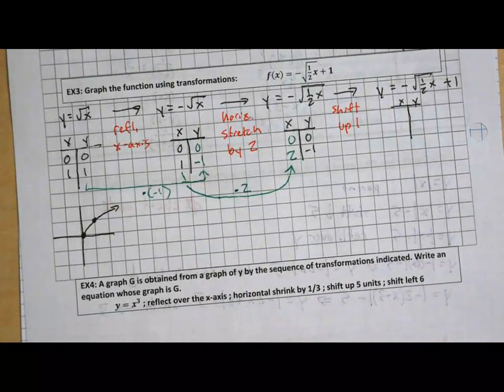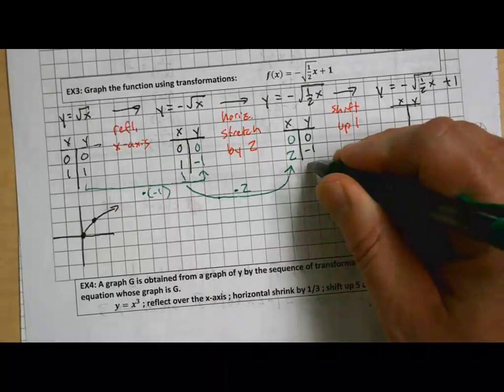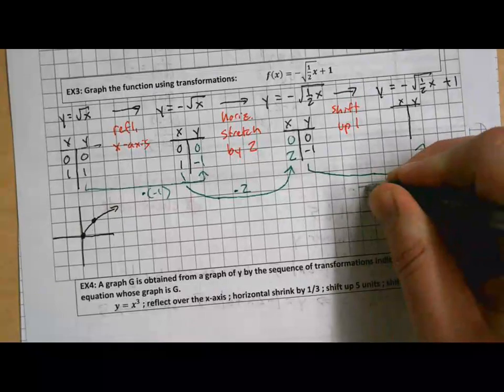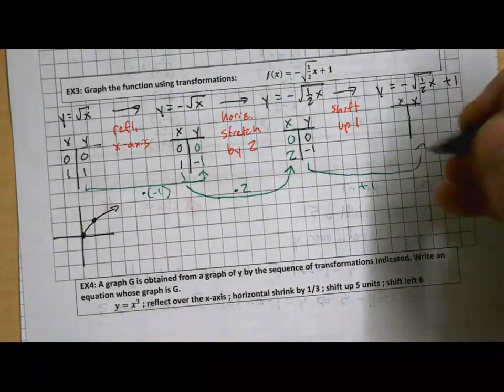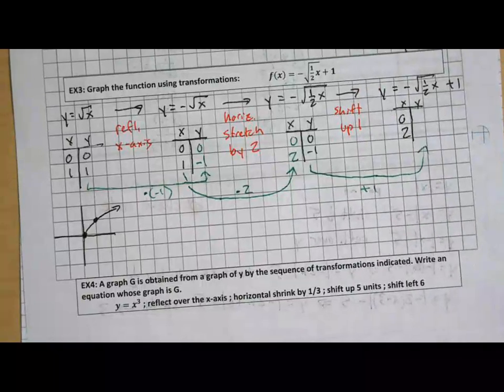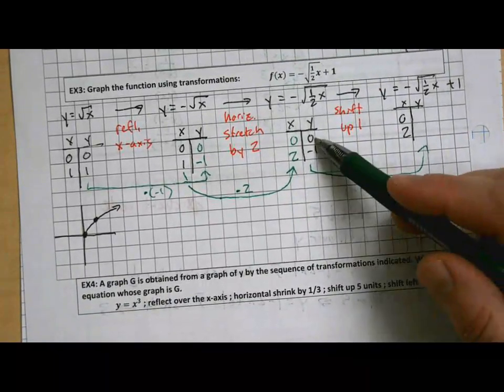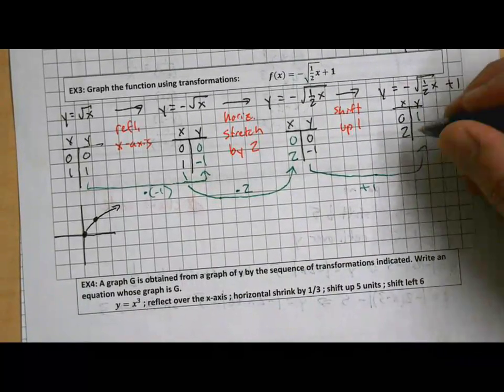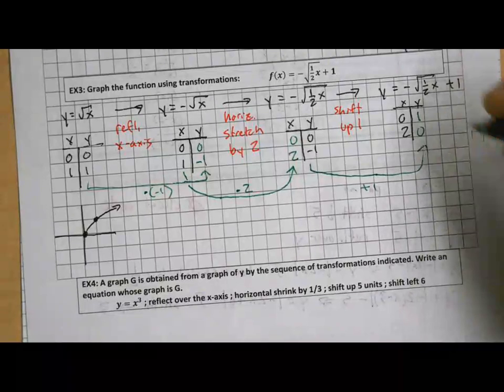X or y coordinates? Y coordinates would change. We're just going to add 1 to each of our y coordinates. The x coordinates will stay the same, 0, 2. Y coordinates are going to change. So we're adding 1 to 0 gets us 1. Adding 1 to -1 gets us 0.